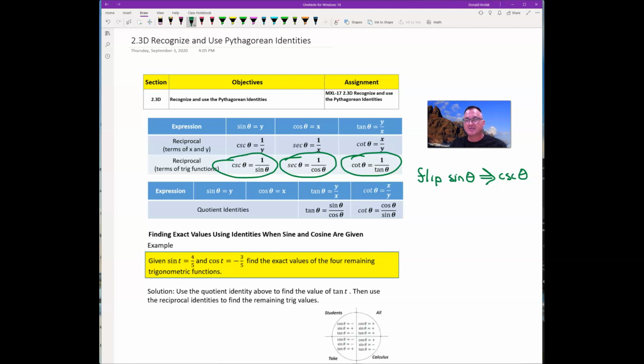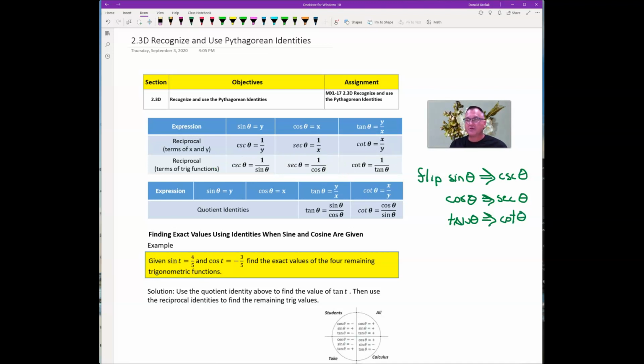Okay, the next one says if you flip cosine, you're going to turn it into a secant. And if you flip tangent, you're going to turn it into a cotangent. Right?